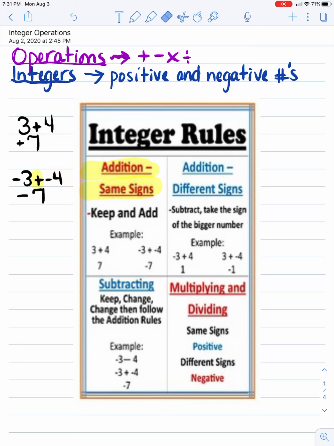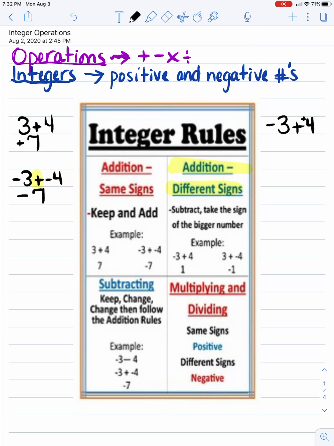Now I'd like to take a look at adding numbers that have different signs, and that's this rule right here. The first example they give us is negative 3 plus a positive 4. Now that little positive is understood, it's invisible. So the rule says subtract the numbers and take the sign of the bigger number.